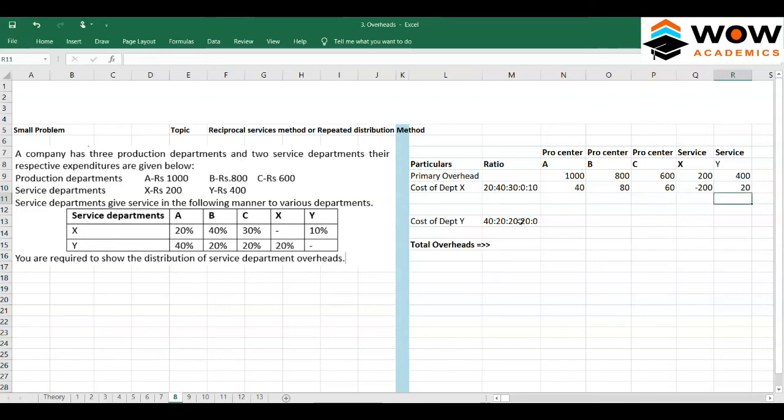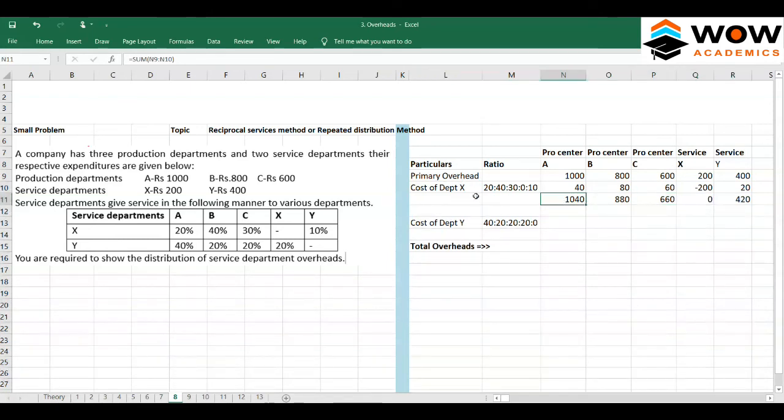Okay. So now, effectively, this has become 0. X has become 0, but Y is 420. So okay, done. We'll just put it as total.